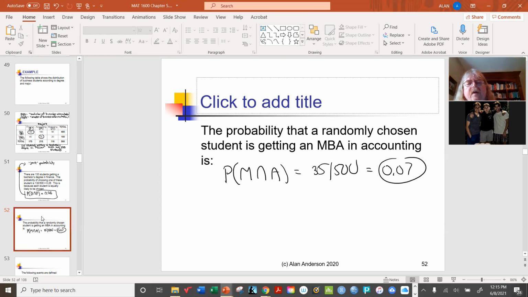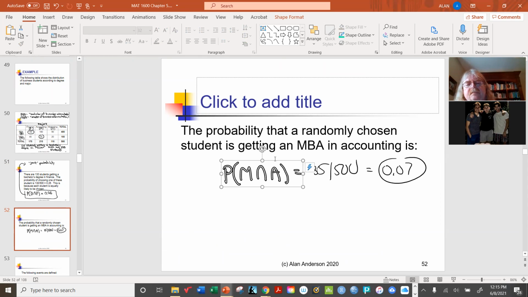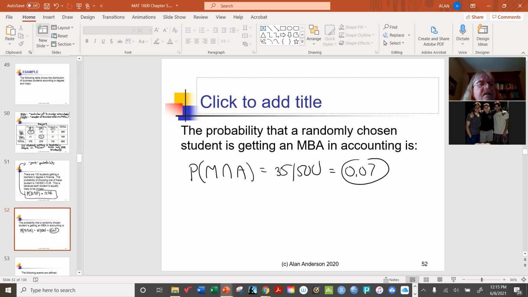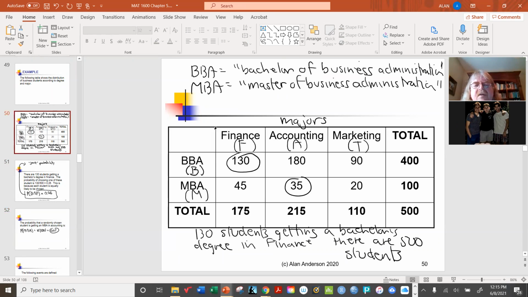This is also a joint probability. Okay, so you kind of get the idea. We can do that for any number. Let's see, how many are there? 1, 2, 3. There's altogether 6 joint probabilities in this table.